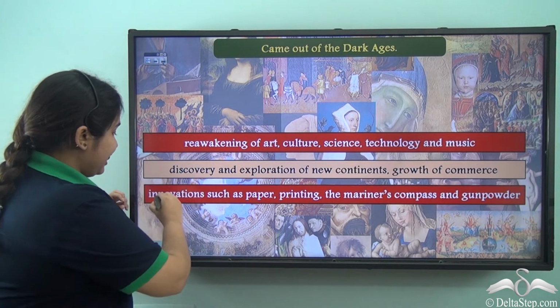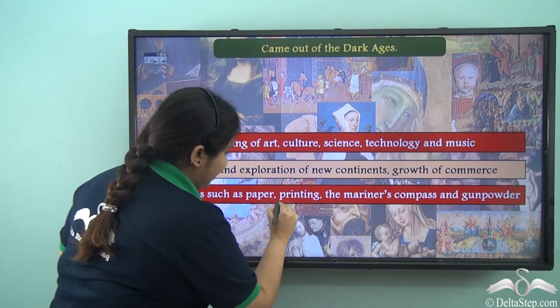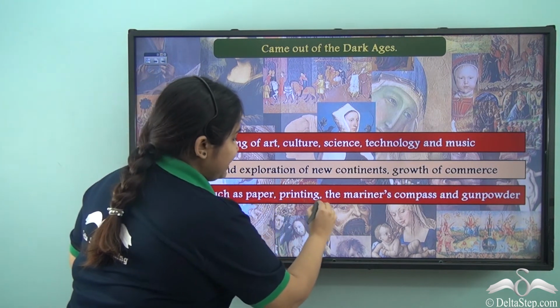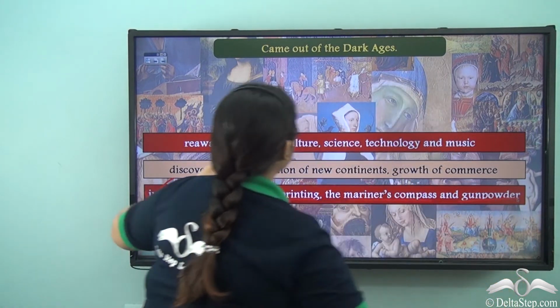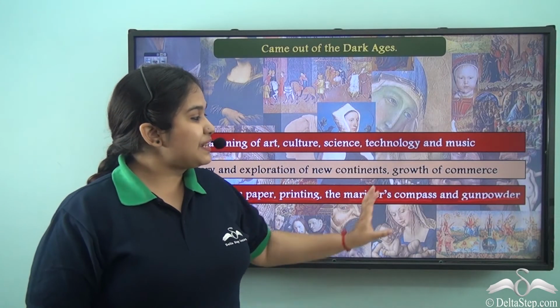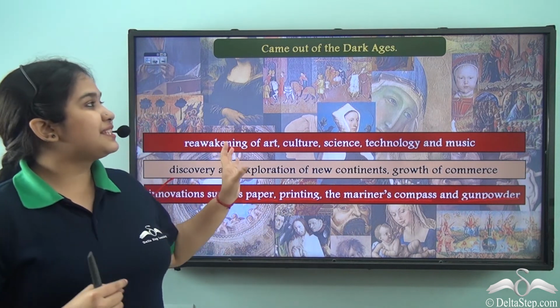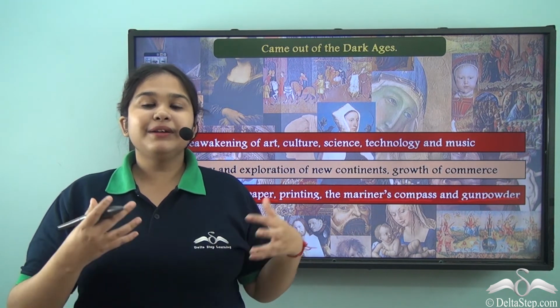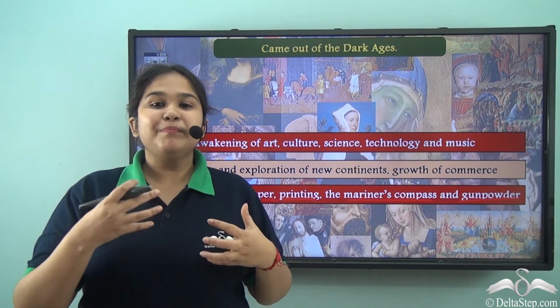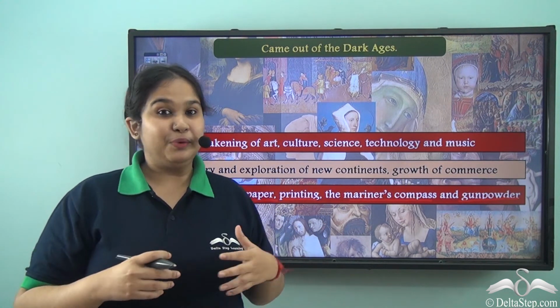We also see innovations like the paper that we use today, printing, the mariner's compass, and gunpowder. So therefore we see these were the gifts that the Renaissance period gifted to the modern world that became the most essential pieces in this modern world, right?